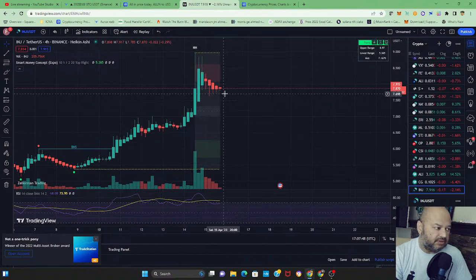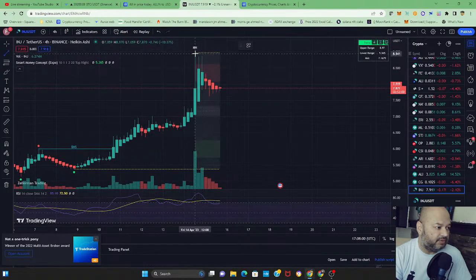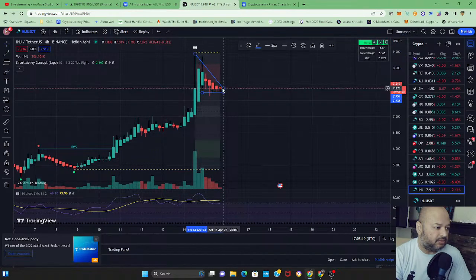So right now we can see that the coin is in the bullish territory, obviously, and amazingly, although it fell back from the red zone, if we draw a trend line, it is clearly forming a symmetrical triangle.